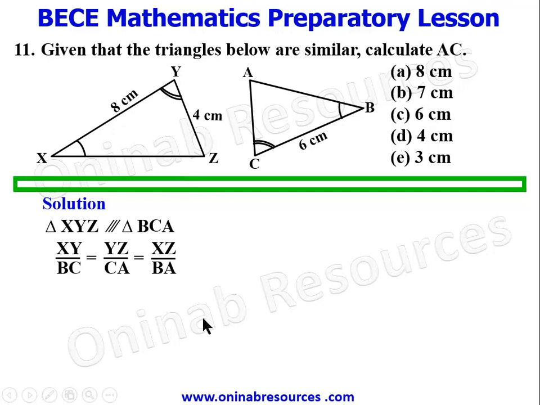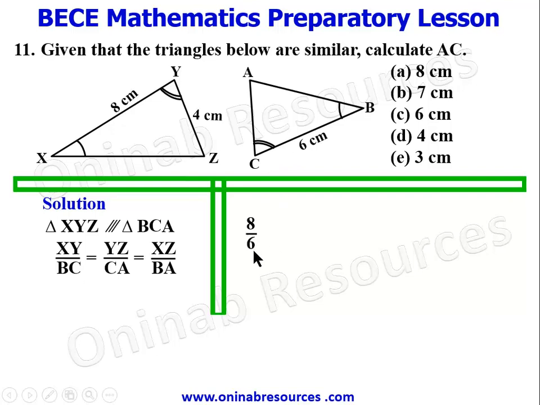So this is it, and we can combine these ratios to find any of the unknown sides in the triangles. So what is XY?